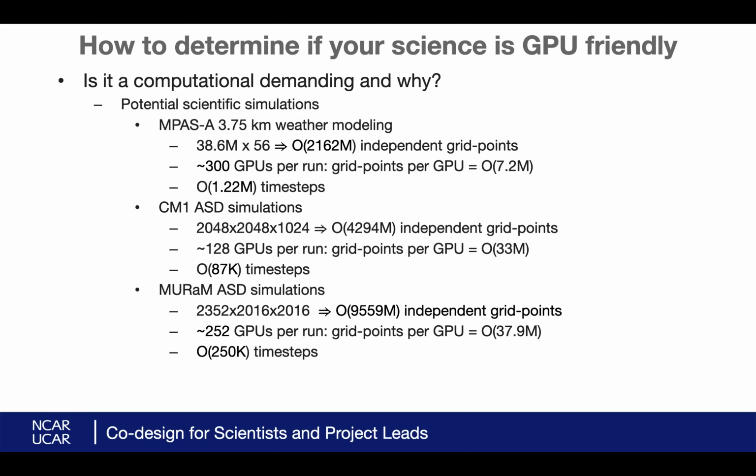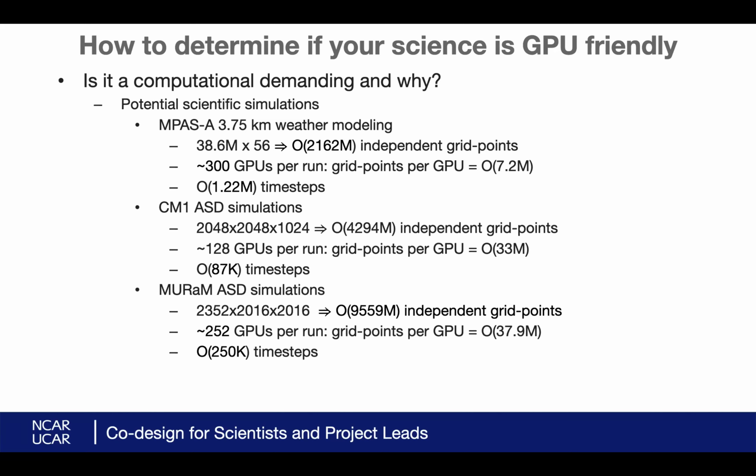Is it computationally demanding, and why? We came up with 3 scientific simulations that we think are very GPU friendly, and we put some numbers here. I'm going to ask you to pull out some numbers for your own codes in a minute. So MPAS-A is a weather model.